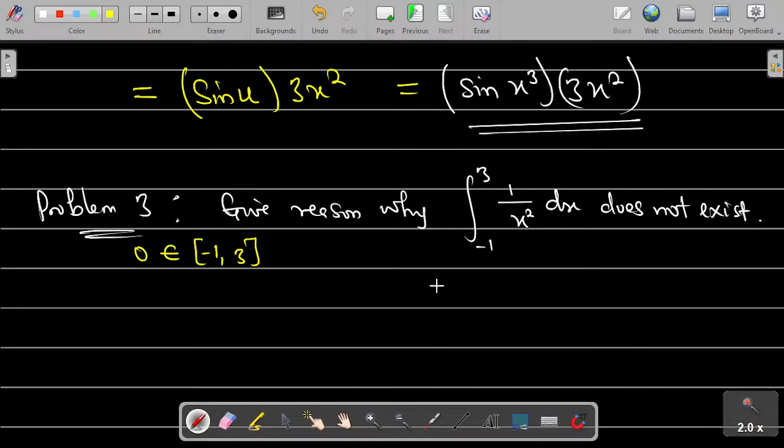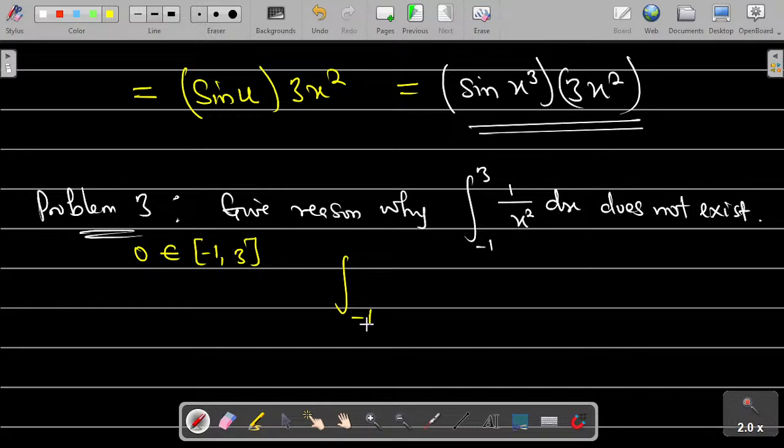So you can now say that the integral itself is not going to be well defined, because when it comes to a definite integral, you can break it at points.